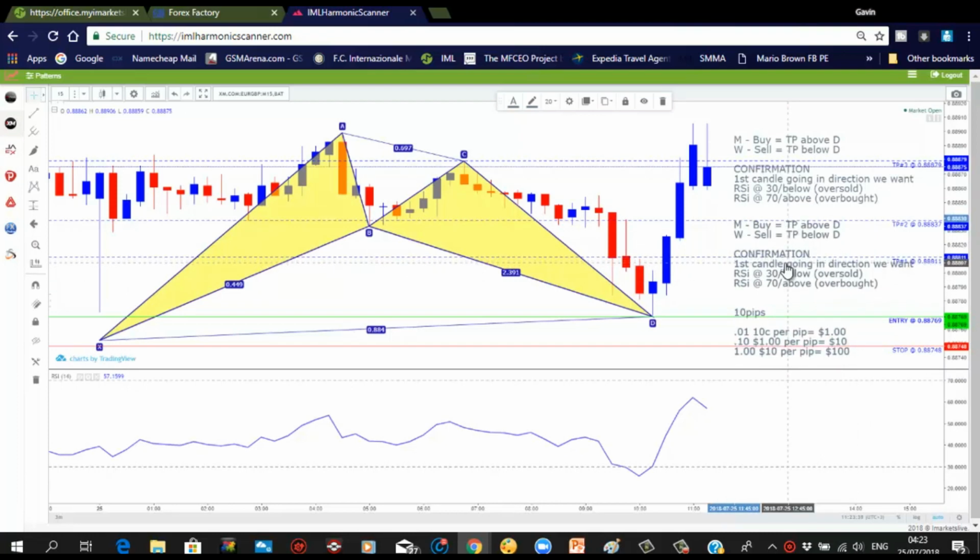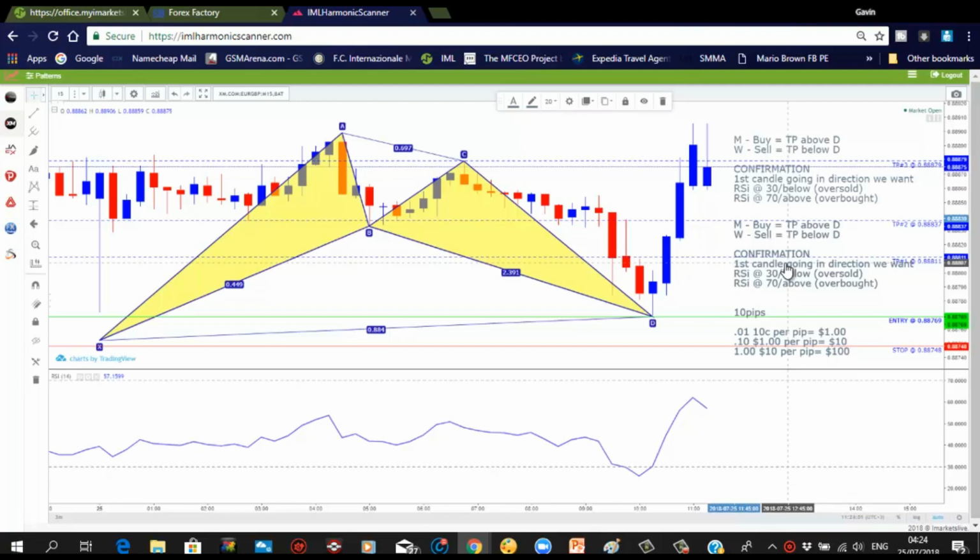With this harmonic scan tool, you can use it in combination with your own personal analysis. When you start trading naked, meaning using the raw charts, you can come back to this and simply use it as extra confirmation too, right? It's a really great tool to utilize to start making money.